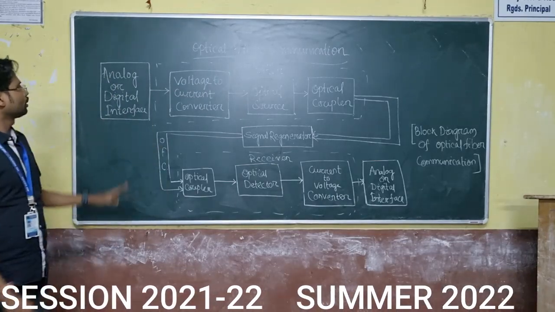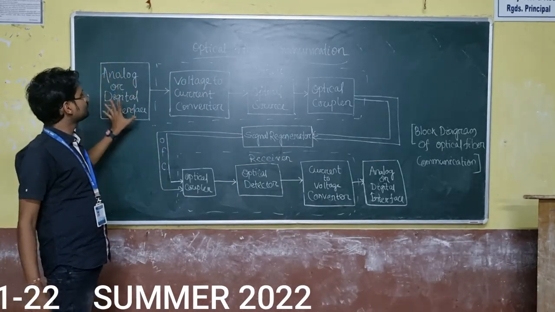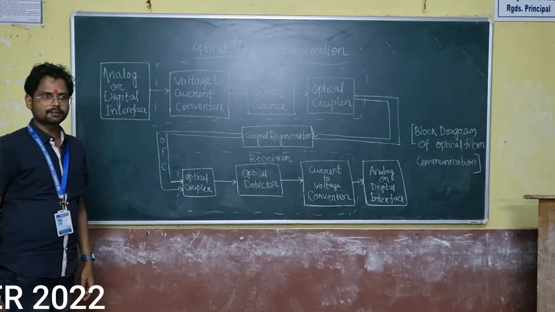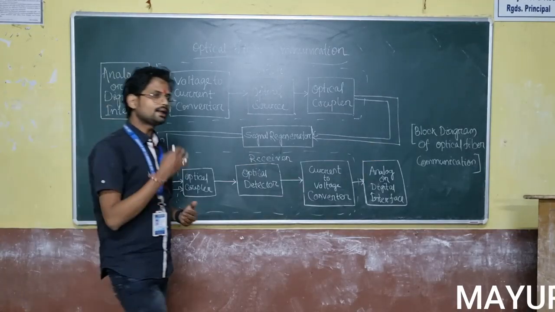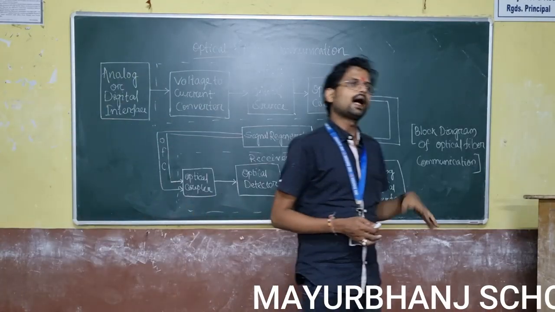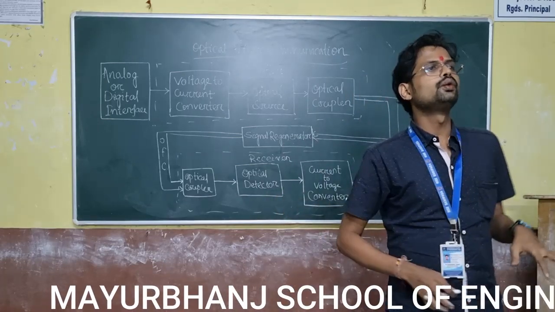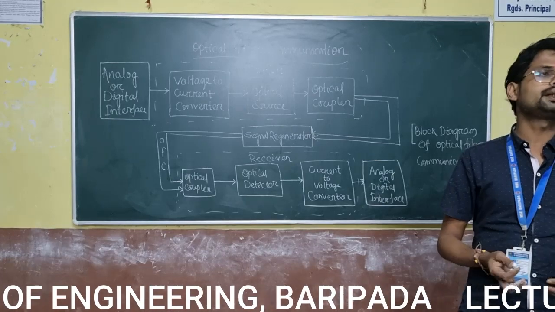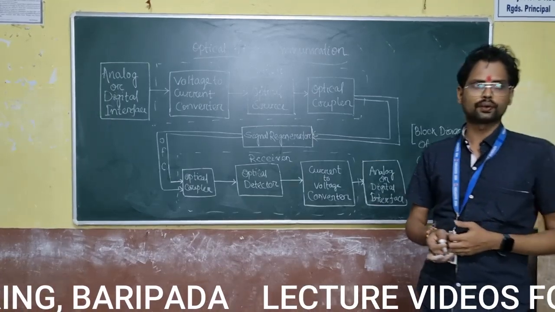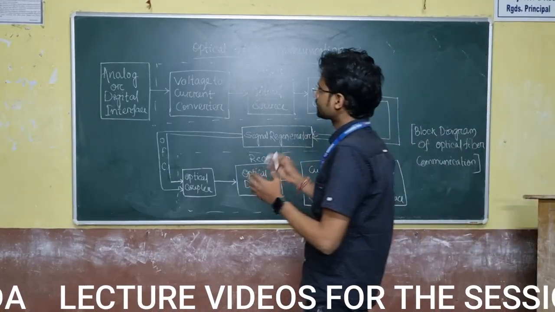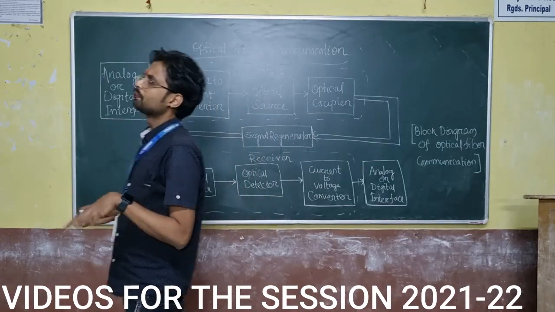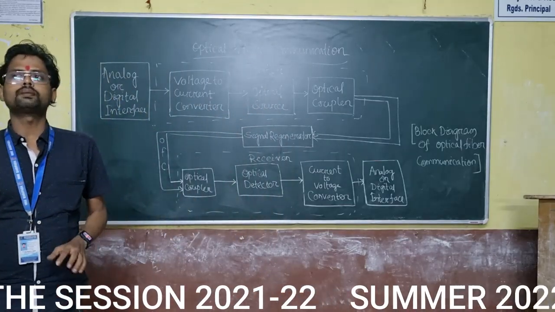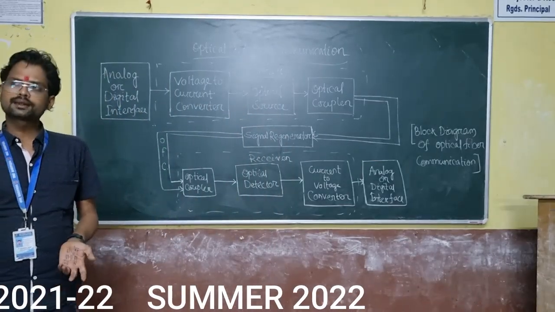So let's see what the basic elements in an optical fiber communication are. First there is an analog or digital interface. That means whether you want to send an analog signal or a digital signal is a complete personal choice. This information may be an analog or a digital signal.